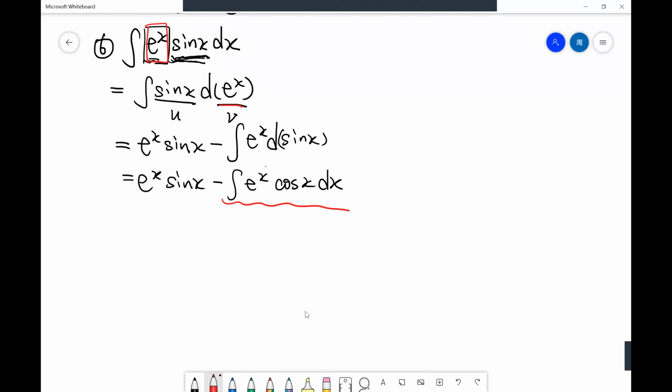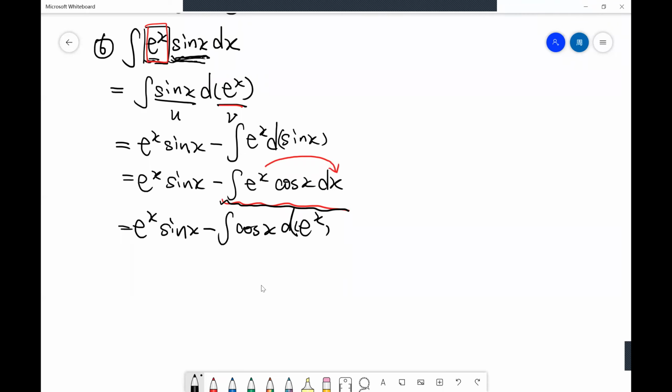That means you should also take this part after d. So here, that equals e^x sin x minus the integral of cosine x d e^x here. So you should remember this important step, that you should make the same choice here.